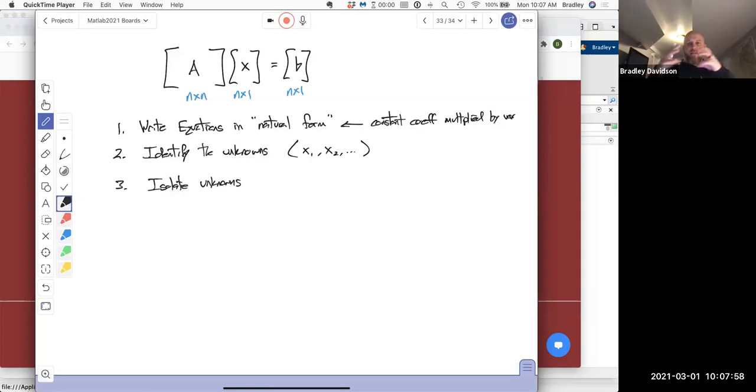All the constants are collected essentially. So for example, if you've got something that's like a x1 plus b x2 minus c x1, then we're now going to have an (a minus c) x1 plus b x2. So we're collecting our coefficients essentially. And then we're going to write that into the matrix form.